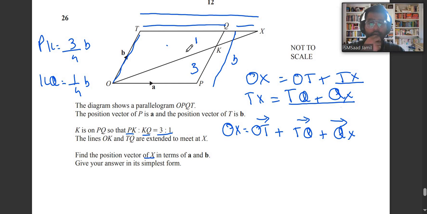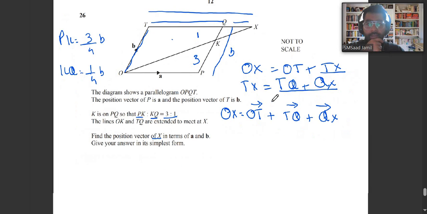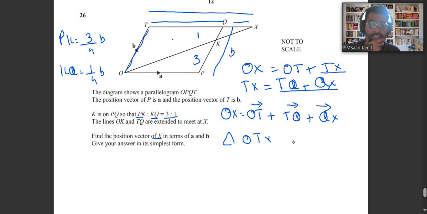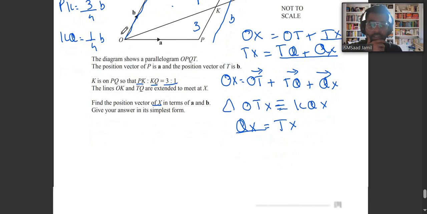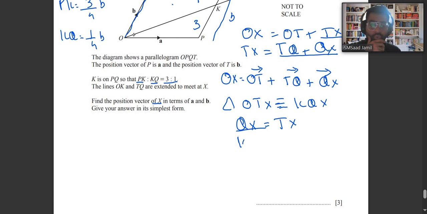Now guys, before I move on to the next part, we can say triangle OTX is similar to triangle KQX. So it means basically that QX over TX is equal to KQ over OT.